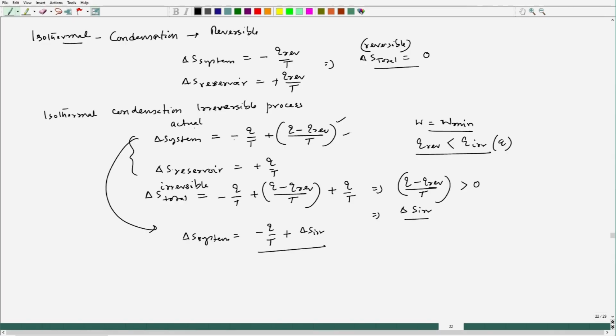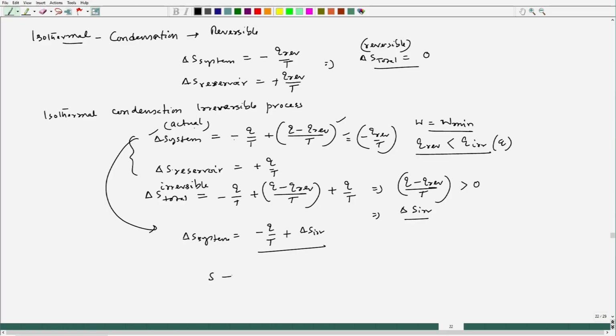And interestingly, here also if you add it up, you will see it becomes minus Q reversible by T. So, whether it is running in a reversible or irreversible process, if the states are specified, I would have the same change in entropy. And that is the differential mode.